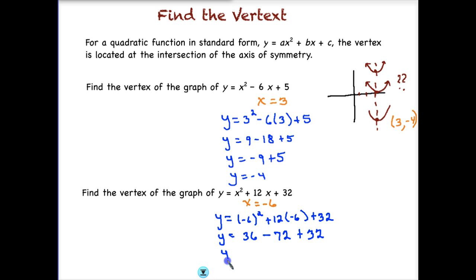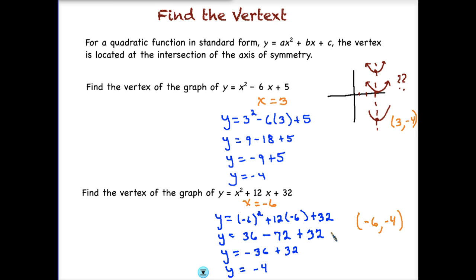Okay, simplifying it a little bit more, 36 minus 72 is -36 plus 32. And finally, -36 plus 32 is -4. Now we have the vertex. Our vertex is at -6, -4. So now I know my vertex.